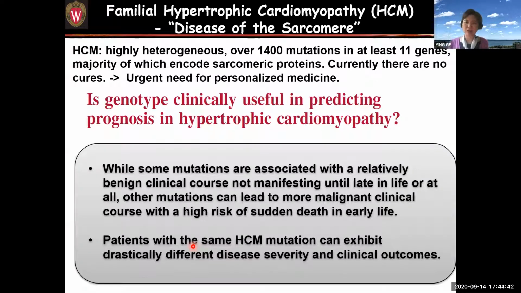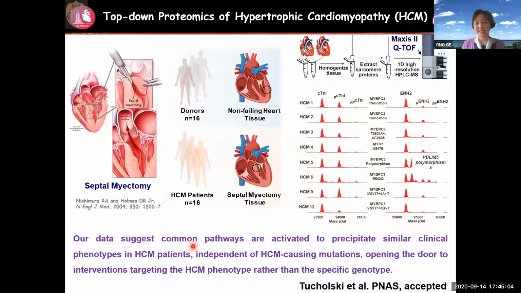I literally talked to a cardiologist. He said it's so difficult for him to give patients potential treatment options, because even when diagnosed with this mutation, they could be okay or not okay, so both choices are open. That means we really need to look at the proteome level. So we had the opportunity to work with cardiac surgeons and receive samples from septal myectomy surgery.